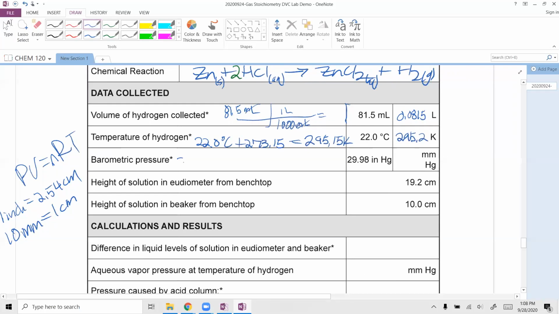We can take our 29.98 inches. We can multiply that by 2.54 centimeters is 1 inch, and 10 millimeters is 1 centimeter, and we're going to get all that in millimeters of mercury.